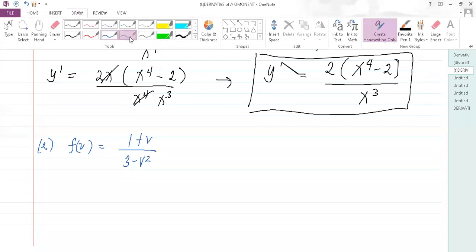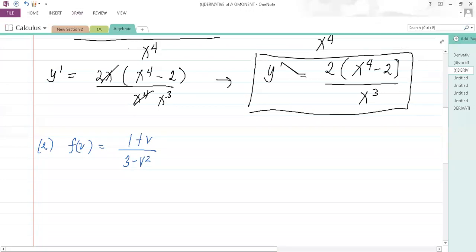So we have to differentiate the given function. So ito, function of v is equal to 1 plus v over 3 minus v squared. So the same process or the same procedure doon sa ginawa natin in our first example. So kunin muna natin yung derivative ng each.